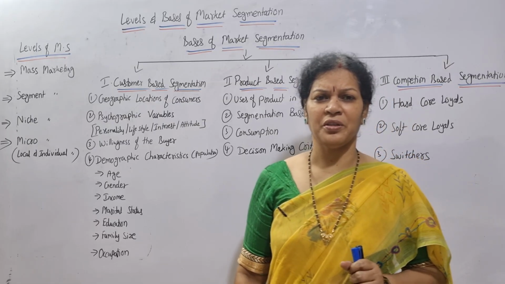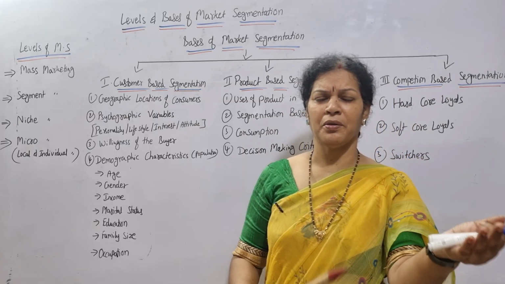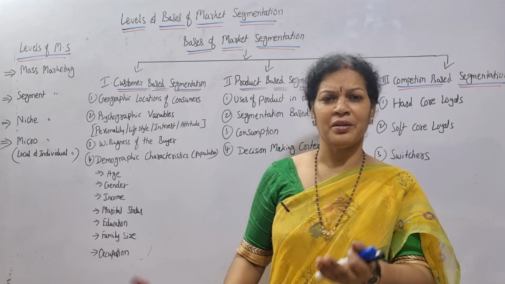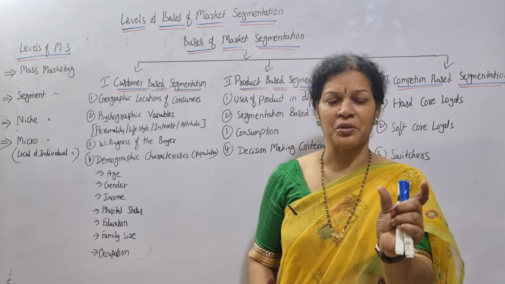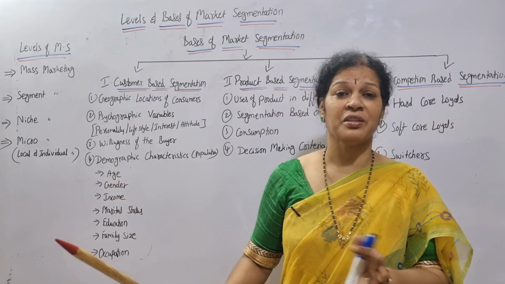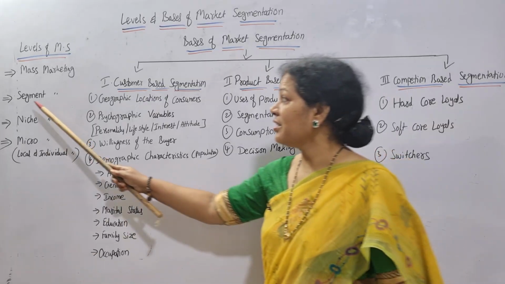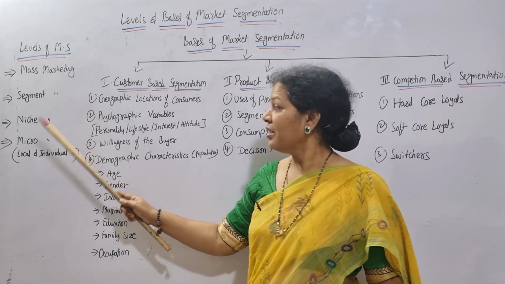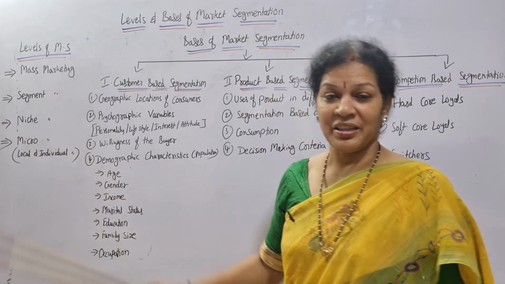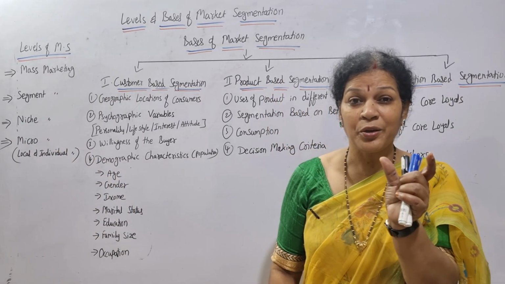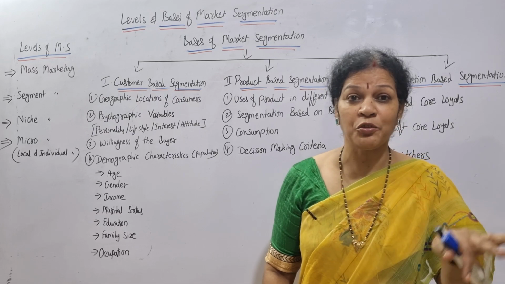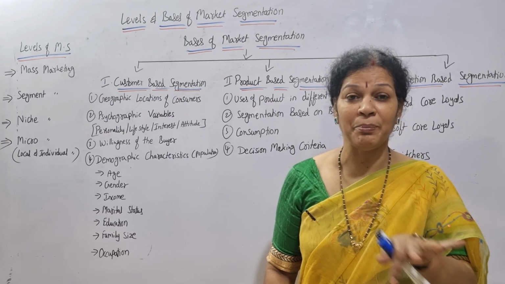Johnson's products also, if you take shampoo, powder, soap, oil, all are Johnson's products, but in different segments. So that's segment marketing. And third one is niche marketing. Niche marketing means we focus on a group of people, a category of people.